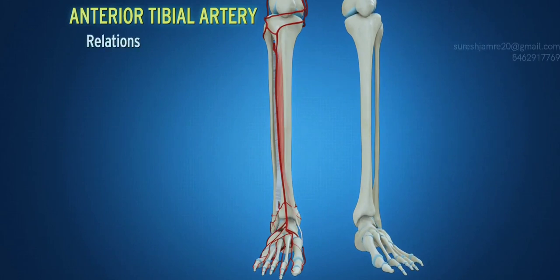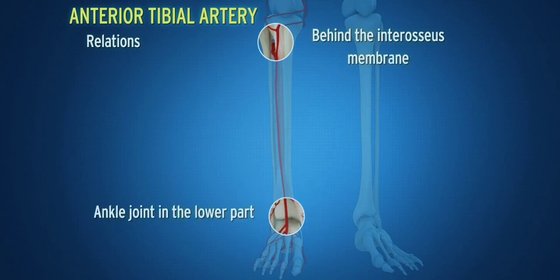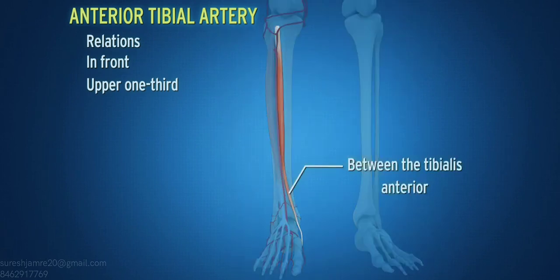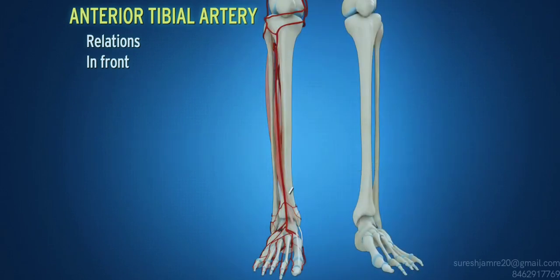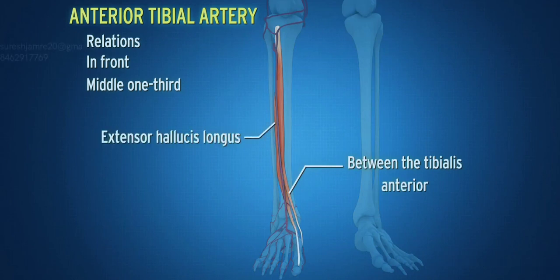Relations. Behind: interosseous membrane in the upper 2/3 and ankle joint in the lower part. In front: in the upper 1/3 of the leg, it lies between the tibialis anterior and extensor digitorum longus. In the middle 1/3 of the leg, it lies between the tibialis anterior and extensor hallucis longus.